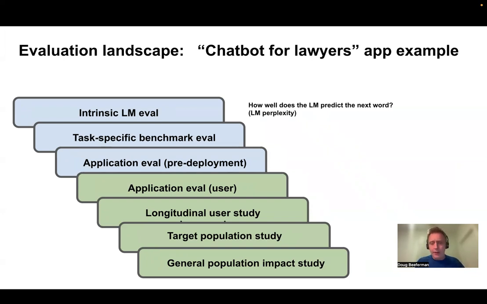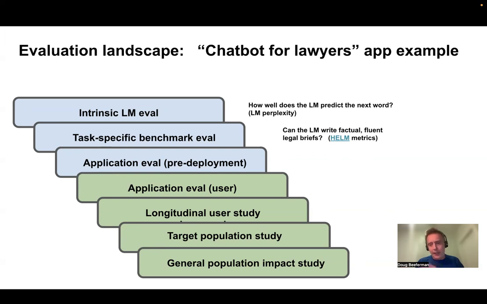We saw this metric, so-called perplexity, in the very first lecture of the course. But this is basically an application independent measure of just how good the language model is. So we have nothing to do with the chatbot use case at this point. And then a broader scope would be a task-specific benchmark eval.